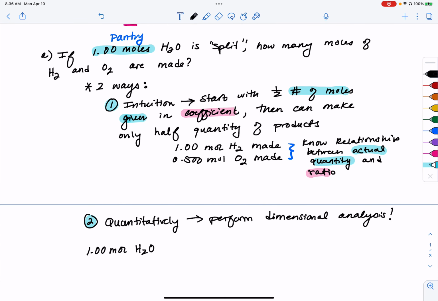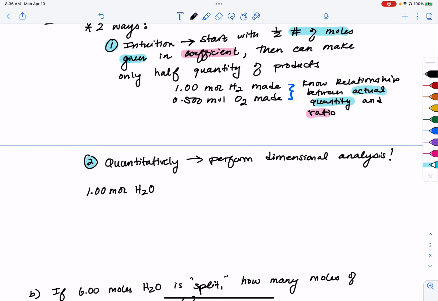And let's look at my question here. I want moles of both products, so I'm going to need to convert this starting quantity of H2O into some number of moles of oxygen and some number of moles of hydrogen. And I'm going to switch the order. Let's do hydrogen first, and then oxygen second.